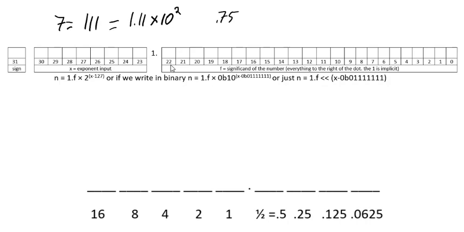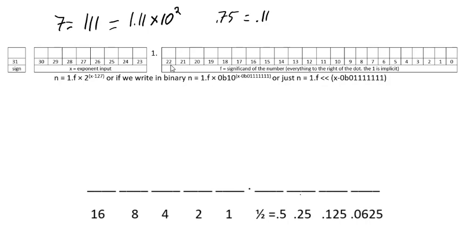If we look at the number 0.75, that in binary floating point is this number here, right? If you remember, the binary place values to the right of the decimal are 1 over 2 to the power of that place. So the first place to the right of the decimal is 1 over 2 to the first power, which is 0.5.